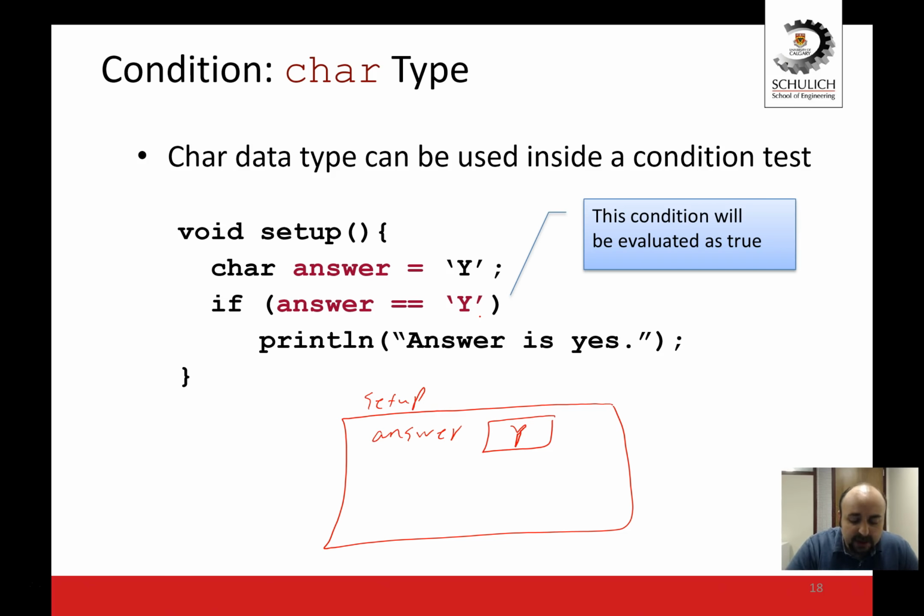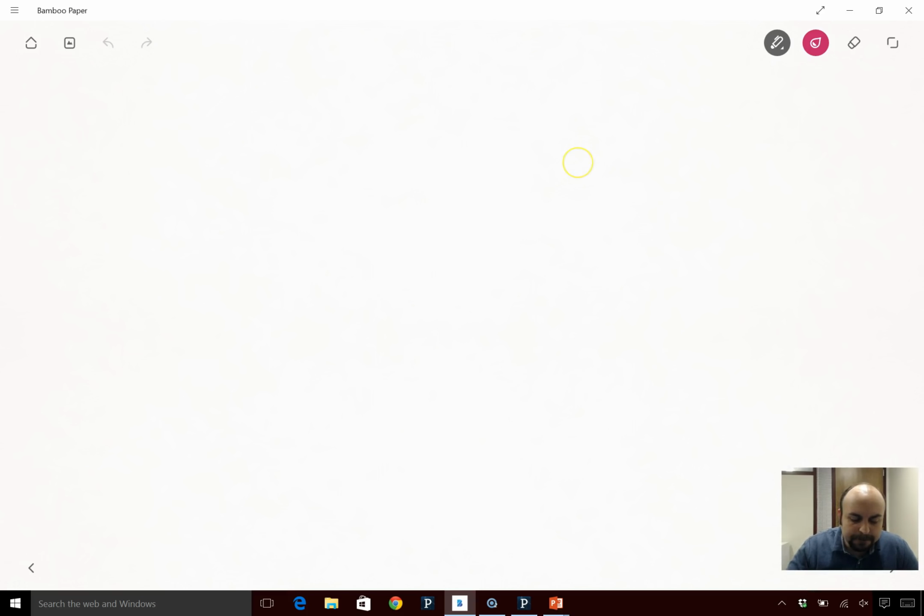Let's do a quick example with this. So let's say we have char ch, and we set it to, actually, lowercase b.